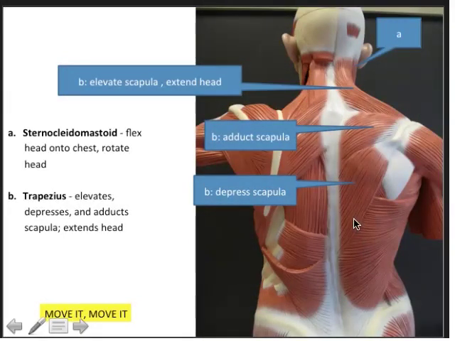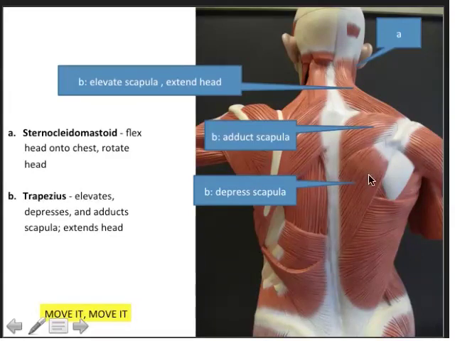So you can see here the different heads of the trapezius: the clavicular head, the lower head here that inserts onto the end of the scapular spine and onto the thoracic vertebrae, and the middle head as well, which inserts just below the cervical vertebrae and onto the superior border of the scapular spine.